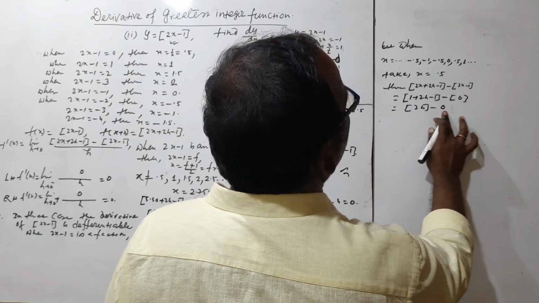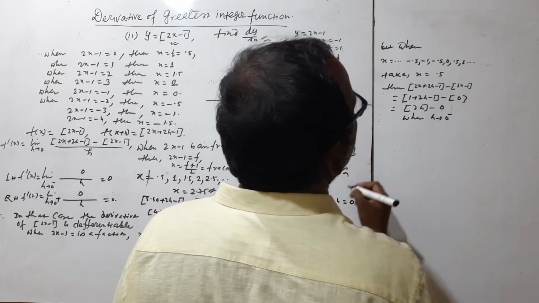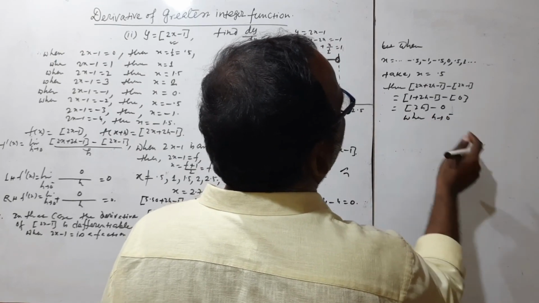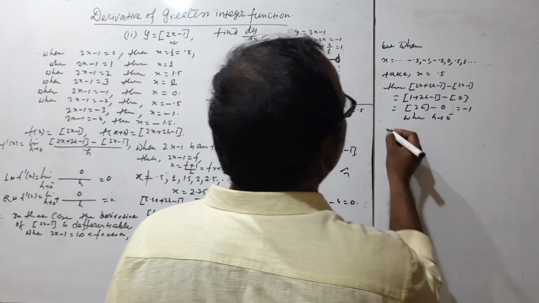But h approaches 0 minus, so this is a negative value, point something negative, so it will be minus 1.